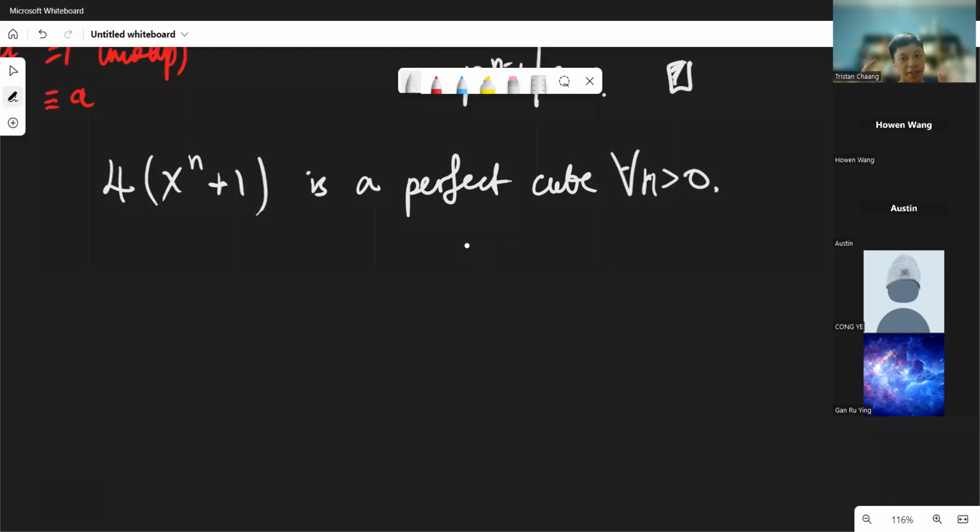So anyone has any idea how to start? Normally when a problem says this thing is a perfect cube, we don't always have to use the full condition, because perfect cube can mean a lot of things.